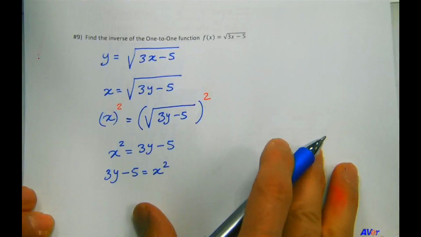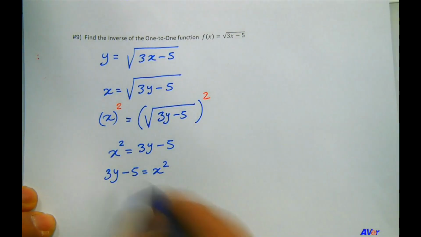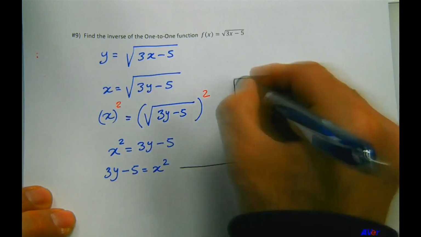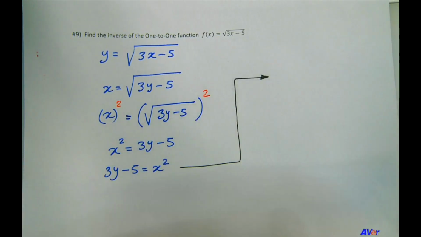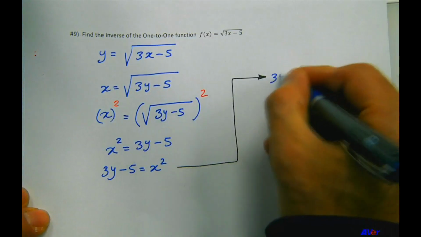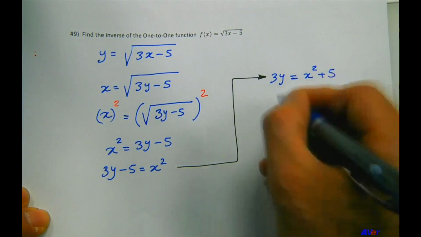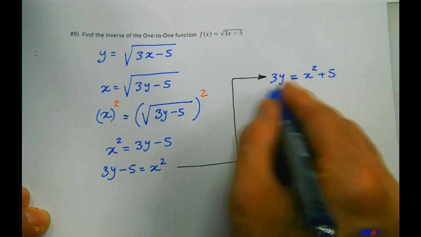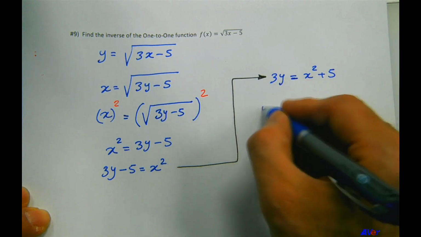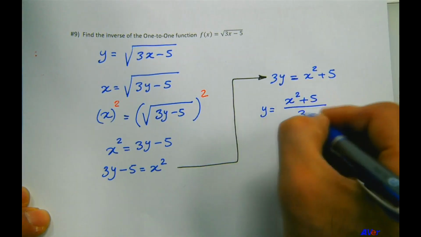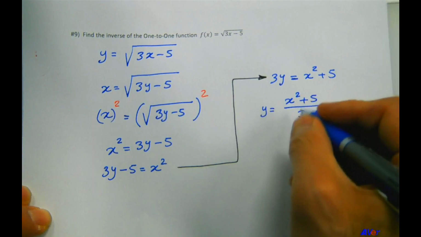Now let me make sure that you see all of that. Okay, so I'm going to put the rest of this up here. So we have 3y equals x squared plus 5. Solving for y means divide both sides by 3, right? That's how we isolate y. x squared plus 5 divided by 3.